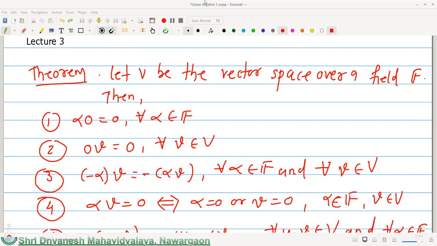Hello everyone. In the last video we saw the definition of vector spaces and some examples, like the set of all real numbers and the set of all ordered n-tuples, and how they become vector spaces. Some examples we wrote directly that they are vector spaces, and those examples were left for you to verify.